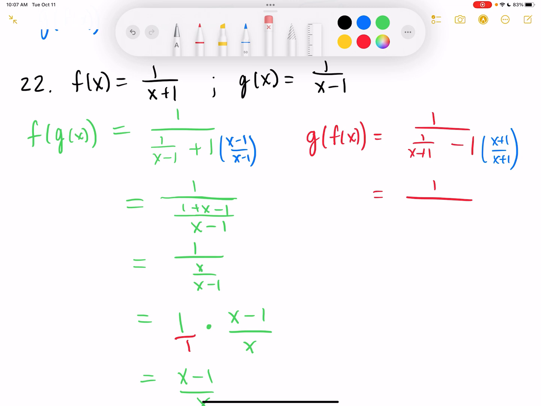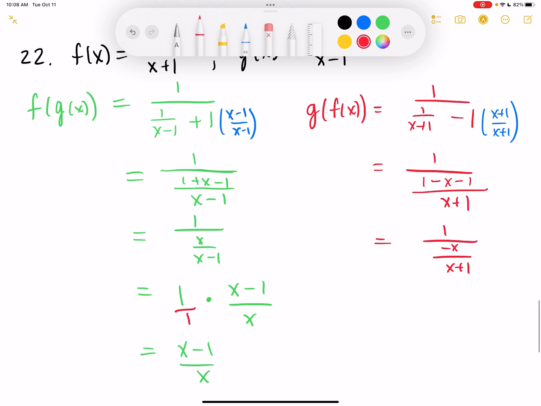It's literally the exact same problem, just different, plus minus x plus minus 1. Where's your minus x? Yeah, same thing. I just multiplied it by negative. Oh, that's what's different about this one than this one. So we have 1 over negative x over x plus 1. Divide by a fraction, multiply by the reciprocal, so we would get x plus 1 over negative x.